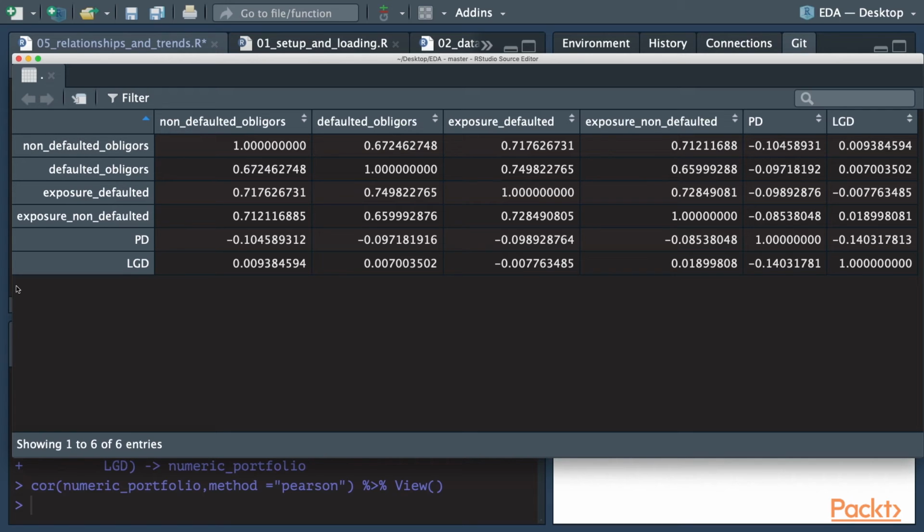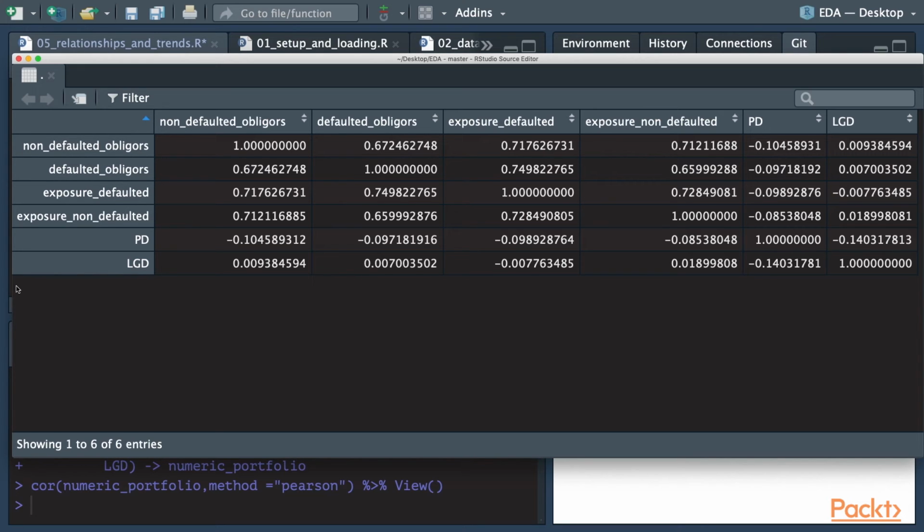Let's try to understand this matrix. As you can see, you have the same variables repeated as row and column headers. This is because all of them are matched into pairs with the others, and for each pair, the Pearson coefficient is calculated.